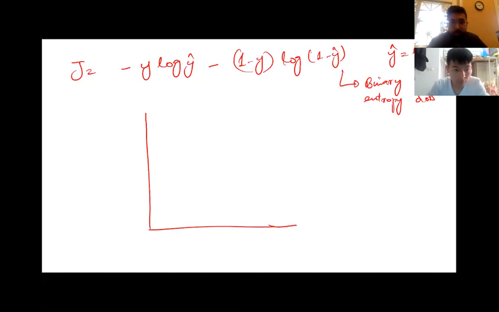Okay, so what does this loss function depend on? What is the independent variable in the expression of j? So there are two variables, y and y hat. Which one is independent and which one is fixed for a given data?